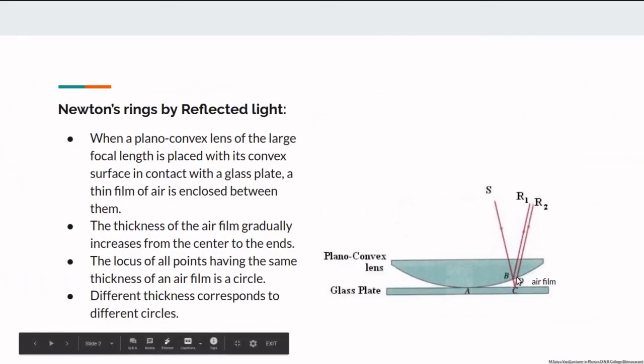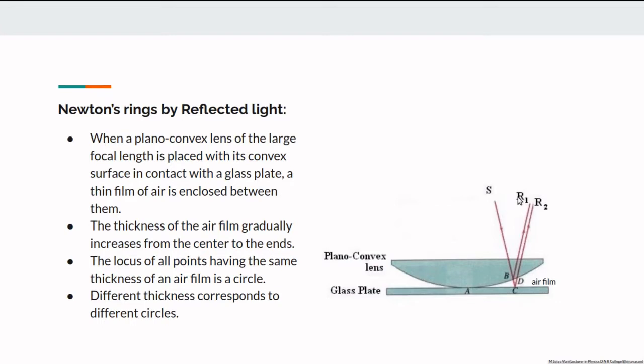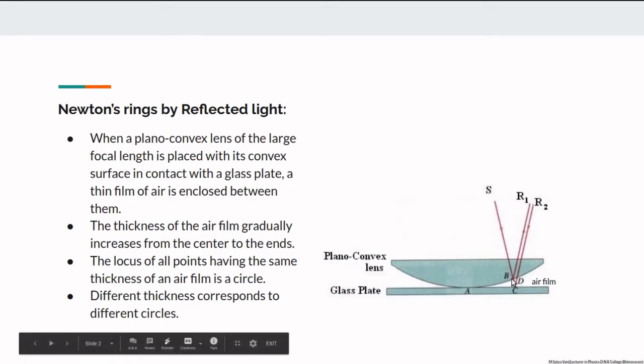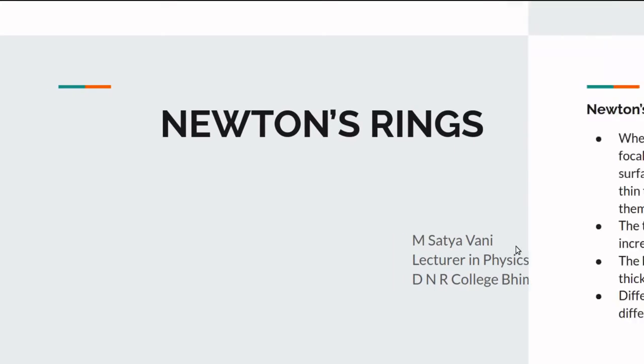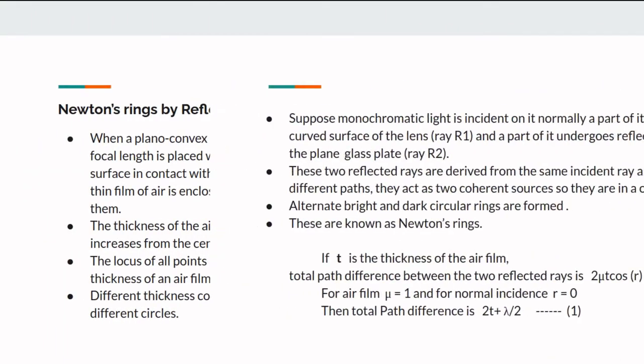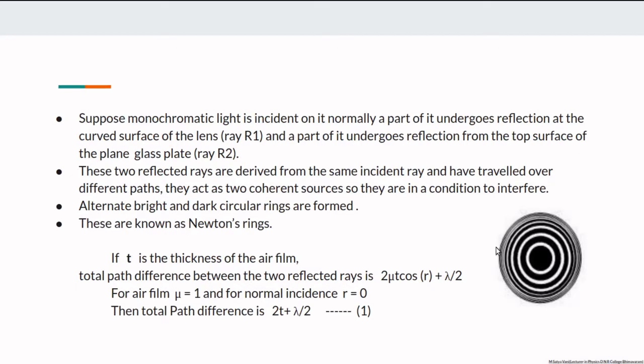The distance travelled by the first ray is BR1, and the distance travelled by the second ray is BC plus CR2. Therefore, they have travelled over different distances. So, they act as two coherent sources and they are in a condition to interfere and interference fringes are formed.